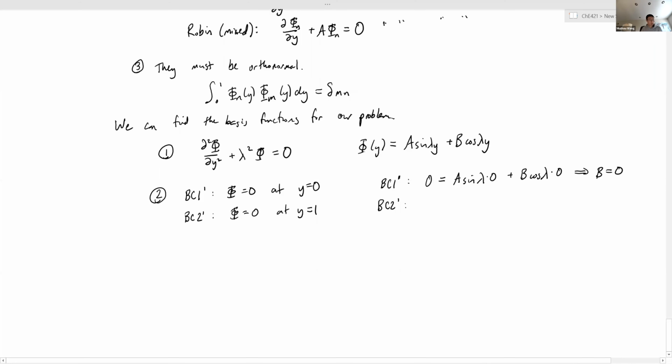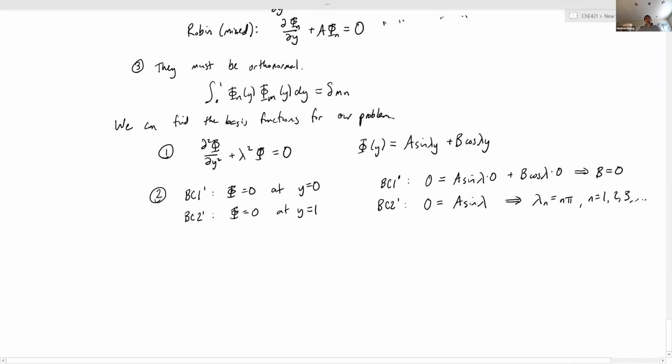Boundary condition 2 is that 0 is equal to a times sine of lambda times 1, because that's where y is equal to 1, right? And this implies then that lambda is equal to n pi, where n is equal to 1, 2, 3, etc. This is where we go around the unit circle, right?